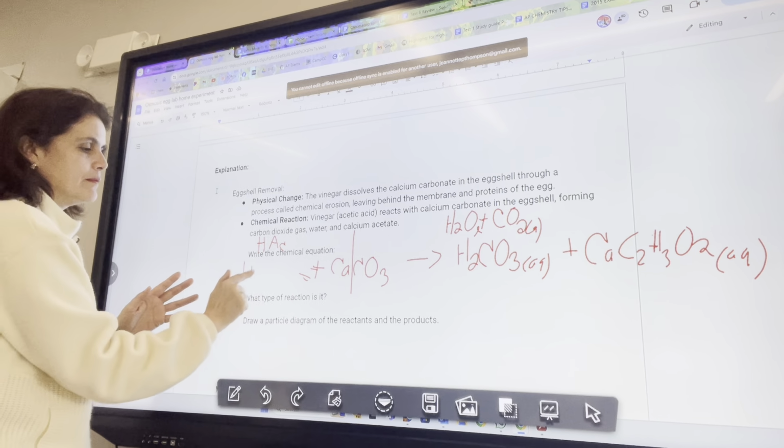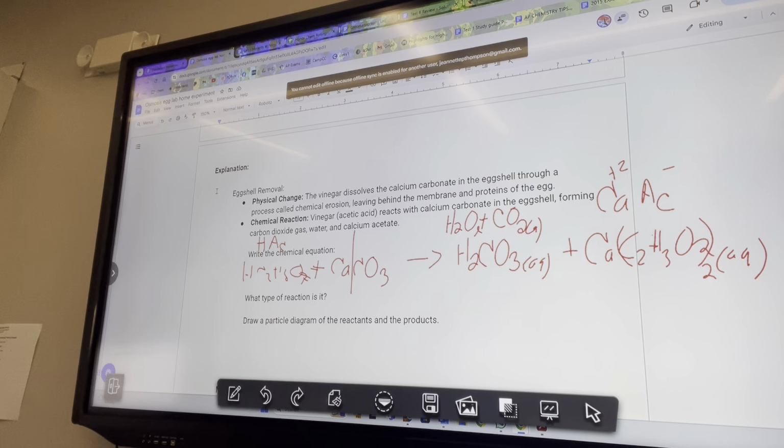So this will be calcium acetate, and that's going to dissociate into Ca2+ and acetate minus. Ooh, calcium acetate. That's a 2 back there that we didn't put in the other class.